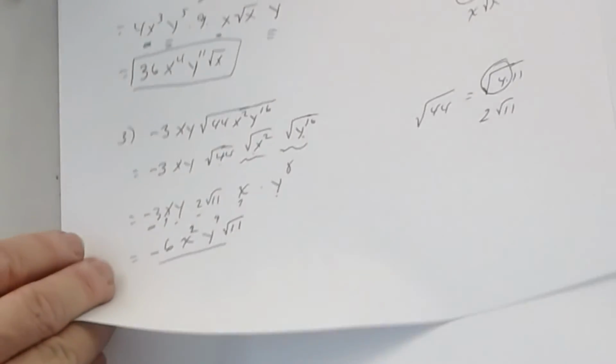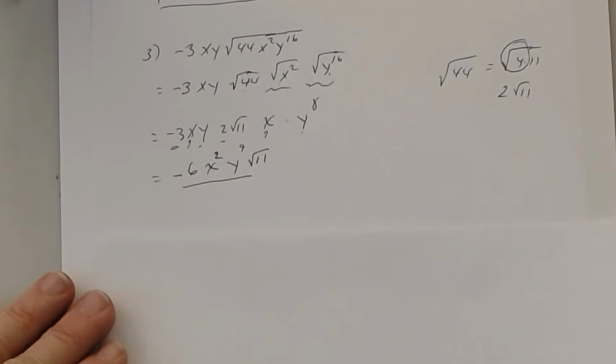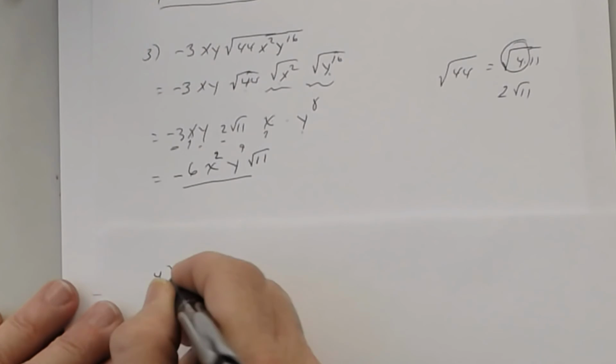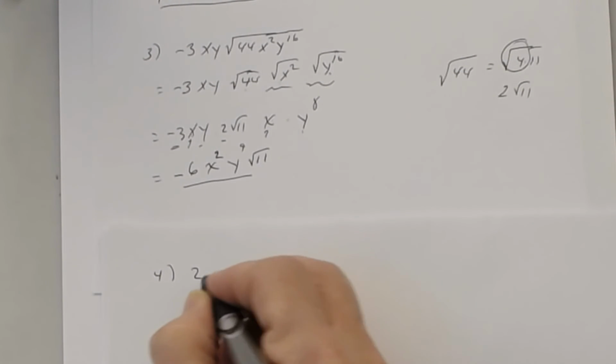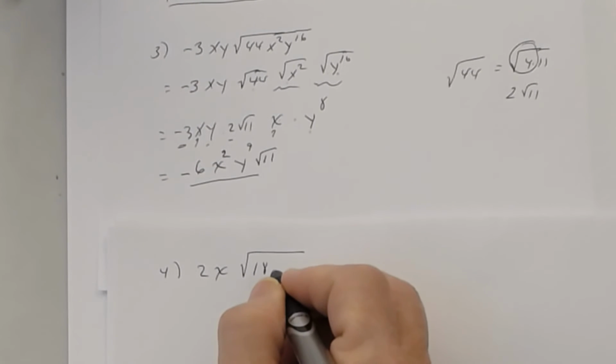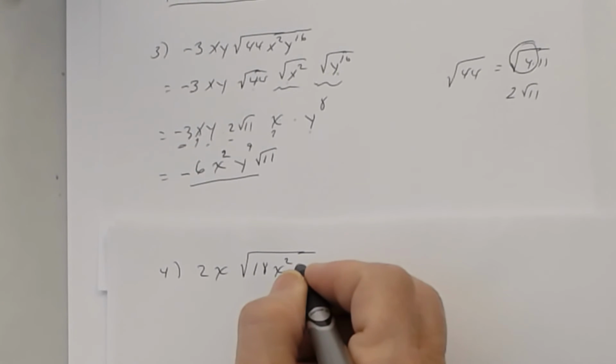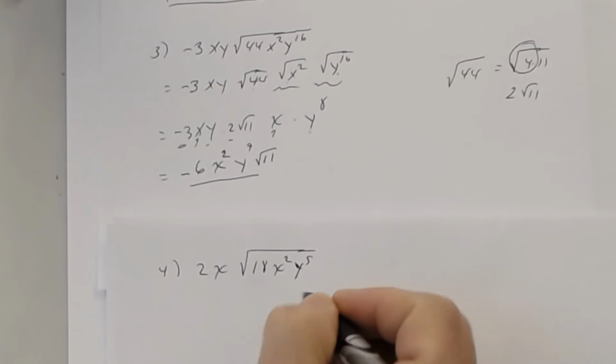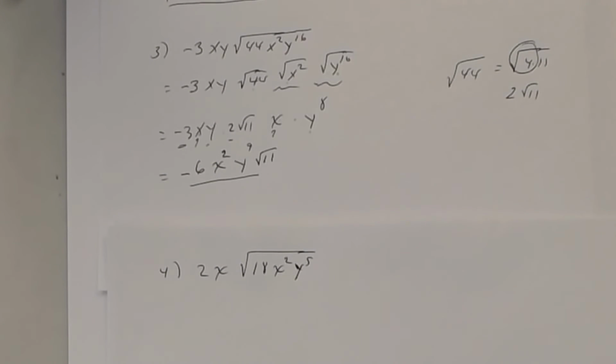All right, number 4. You have 2x times the square root of 18 x squared y to the 5th. That's a y. So 2x times the square root of 18 x squared y to the 5th.